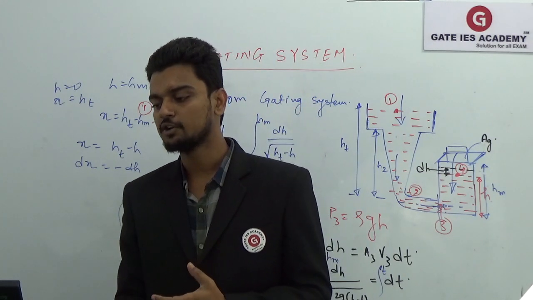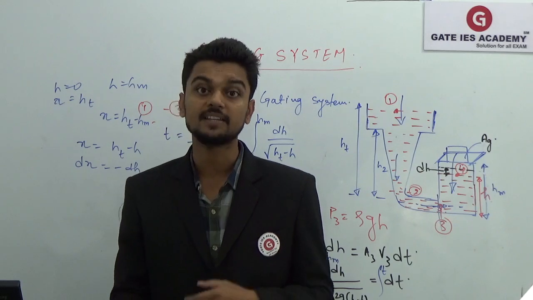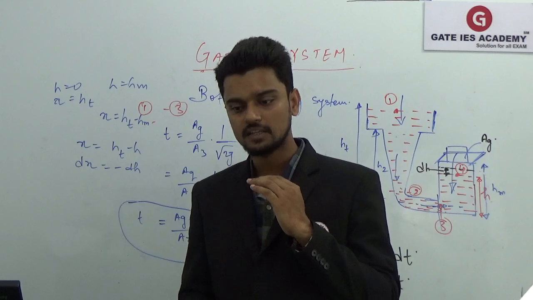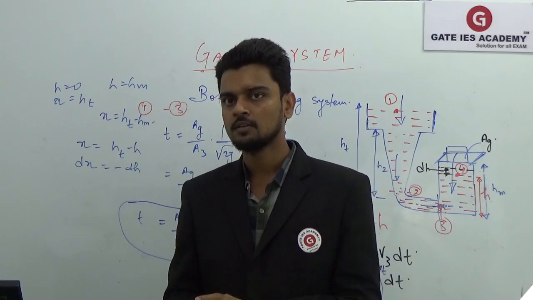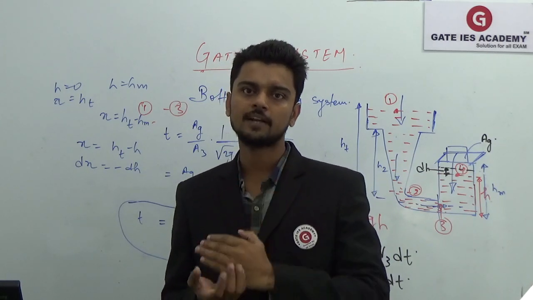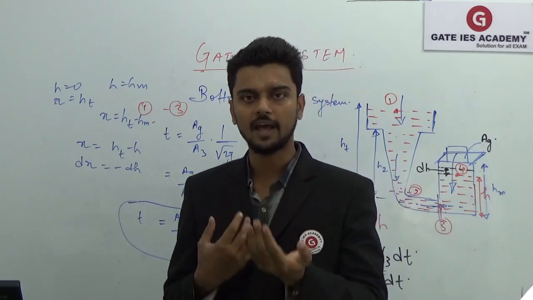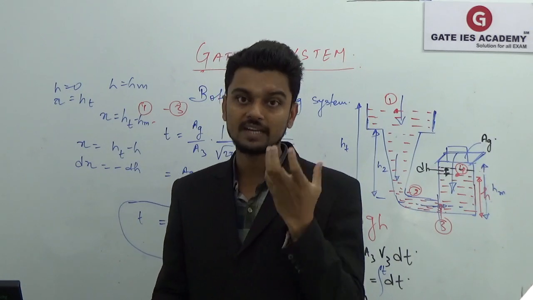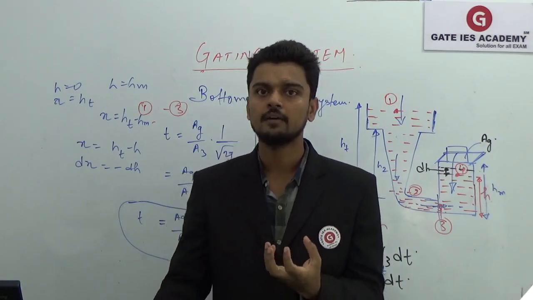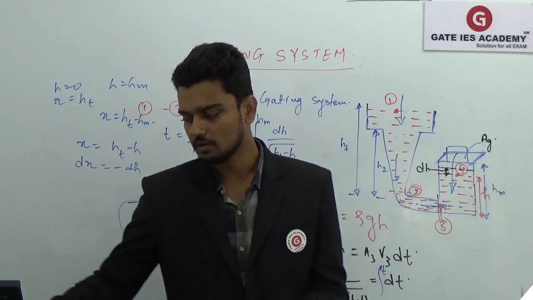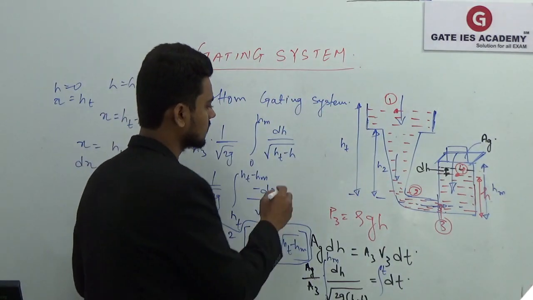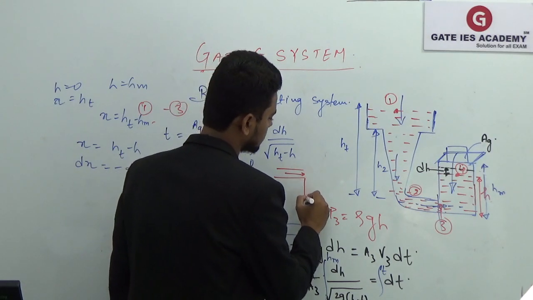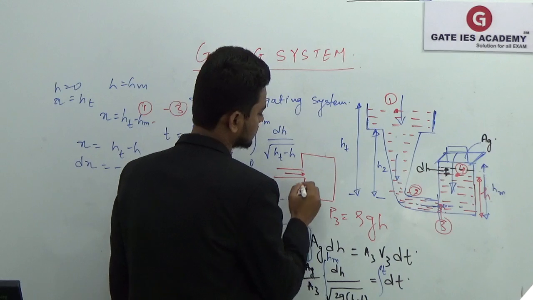It is likely to cause mold erosion if the drag portion of the mold cavity is deep. As I said, if you are keeping that ingate at the parting plane, half of the mold cavity will be filled by bottom gating and half will be filled by top gating, so your drag part will be filled by the top gating system. Just like here we have this gate, and here we have this.